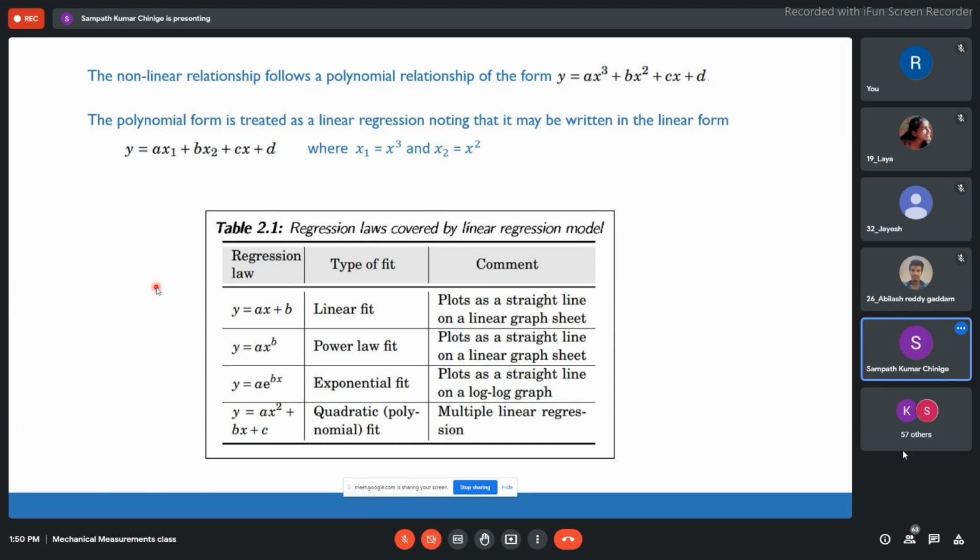And then we also have y equal to a e power bx, which is an exponential fit. It can be a straight line on a logarithmic graph, but on a linear graph sheet, it will be an exponential curve, either increasing or decaying. It can be anything like this on a linear graph.